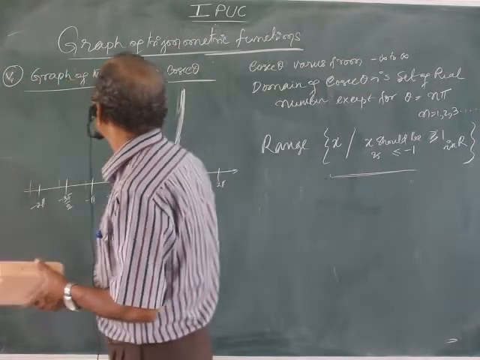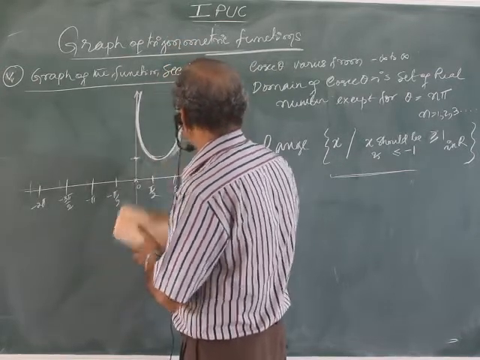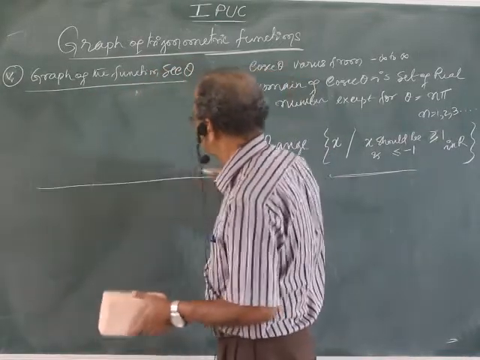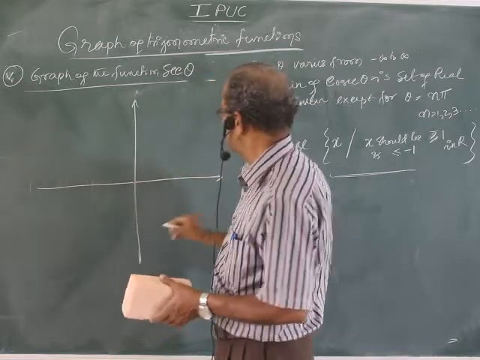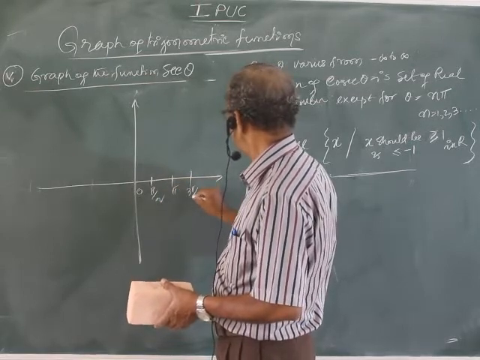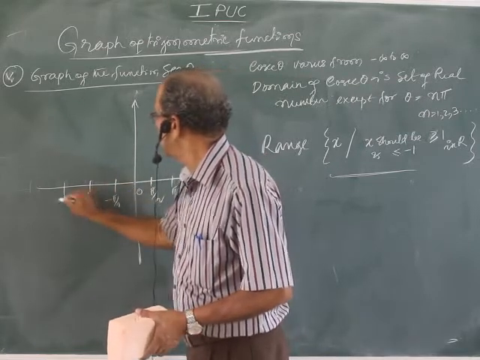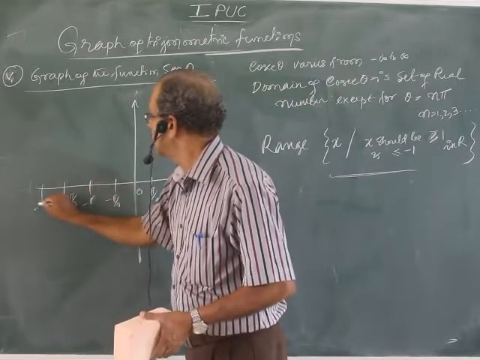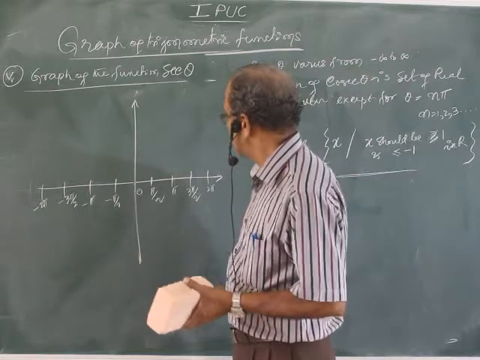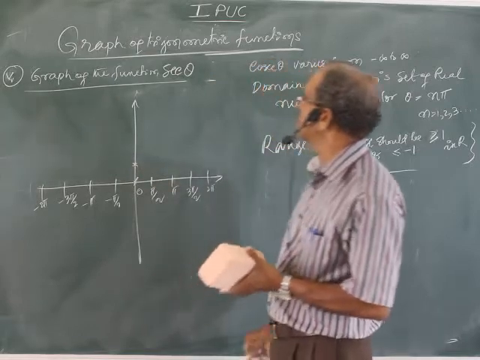Fifth one is the graph of the function secant theta. Let me finish this one quickly. Only the graph is there. Pi by 2, pi, 3 pi by 2, 2 pi. Minus pi by 2, minus pi, minus 3 pi by 2, minus 2 pi. Secant theta: secant 0 is 1.